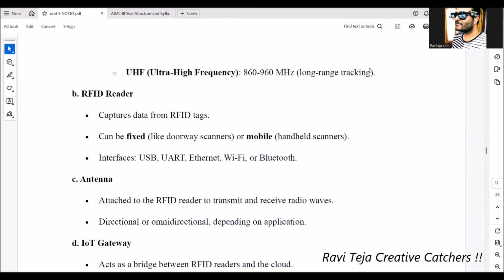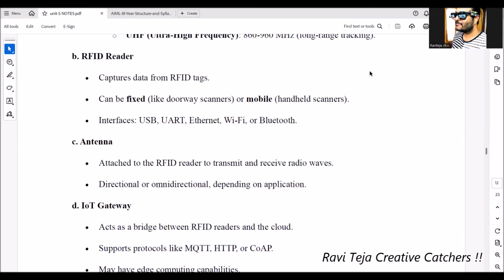And coming to its antenna, there are small antennas which can be attached to the RFID reader in order to transmit and receive the radio waves. The types of antennas used for these RFID applications are directional and omnidirectional antennas.